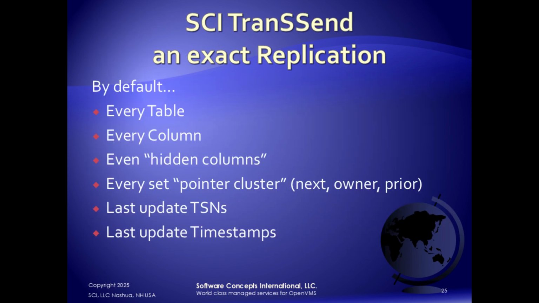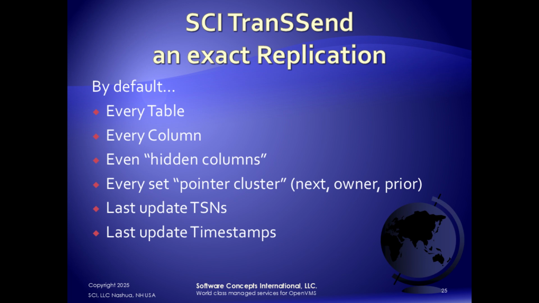By default, what Transcend would do is extract and replicate every table that's in your database. For every table, we'll extract and replicate every column, and we'll even include the hidden columns: the DB key information, the TSN information, and when it was updated in DBMS. So all this stuff gets replicated by default.